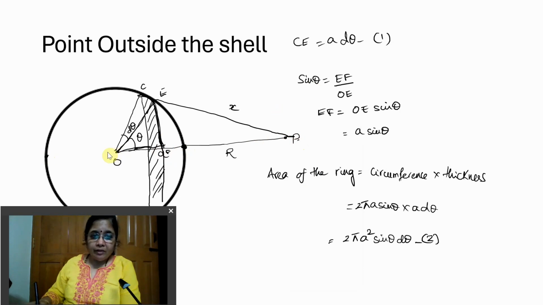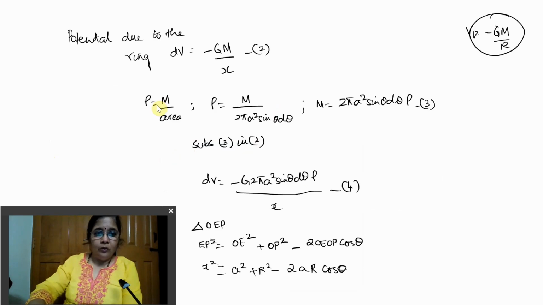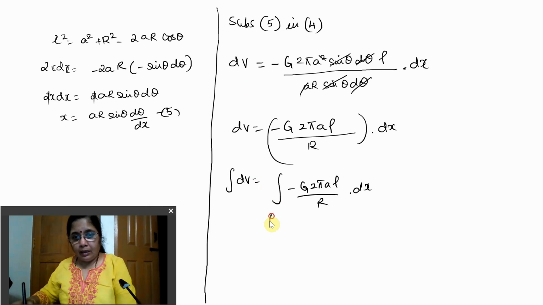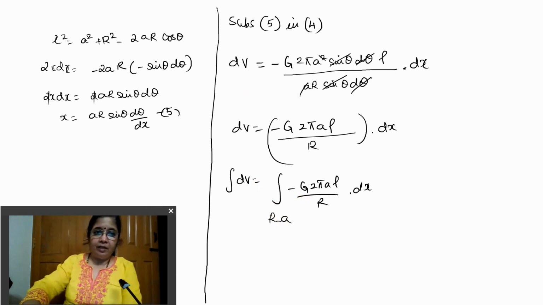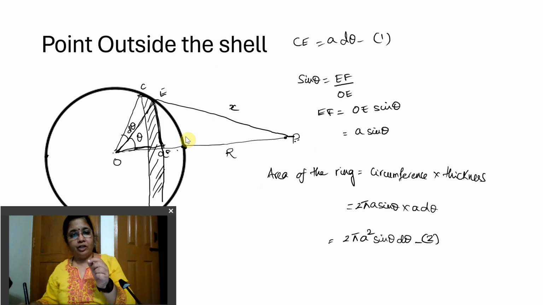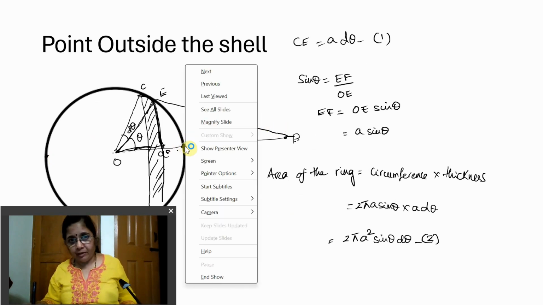So the lower limit is going to be this entire distance minus this distance, r minus a. Let me repeat how the lower limit is got. You need to find the potential at this point from this point to this point.